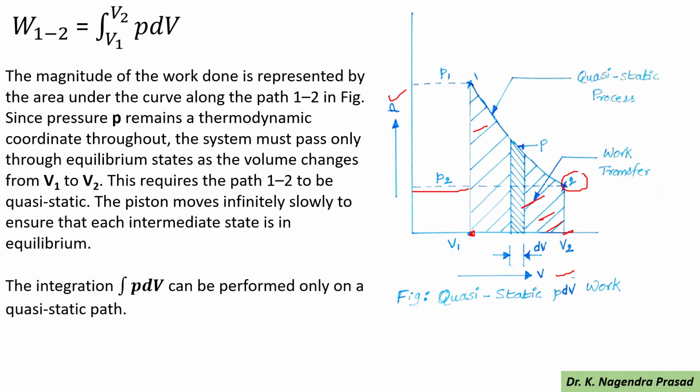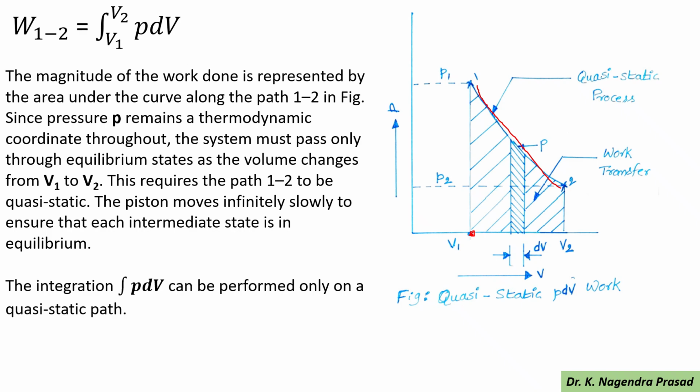Since pressure P remains a thermodynamic coordinate throughout the system, the system must pass only through equilibrium states as the volume changes from V1 to V2. This requires the path 1 to 2 to be quasi-static.